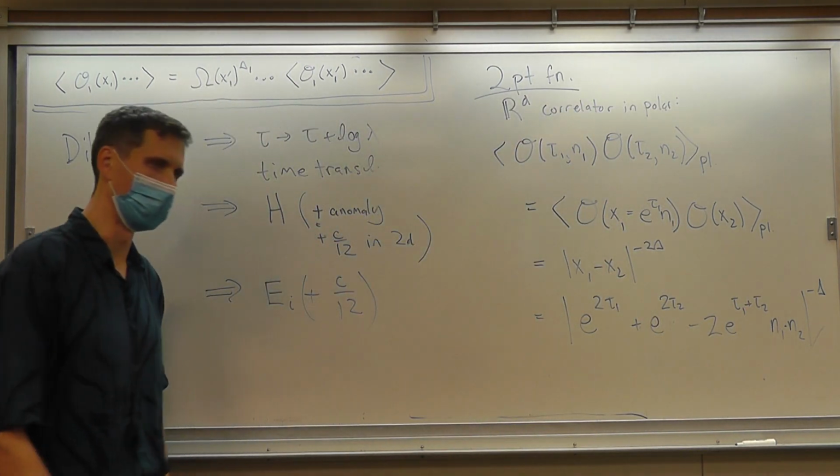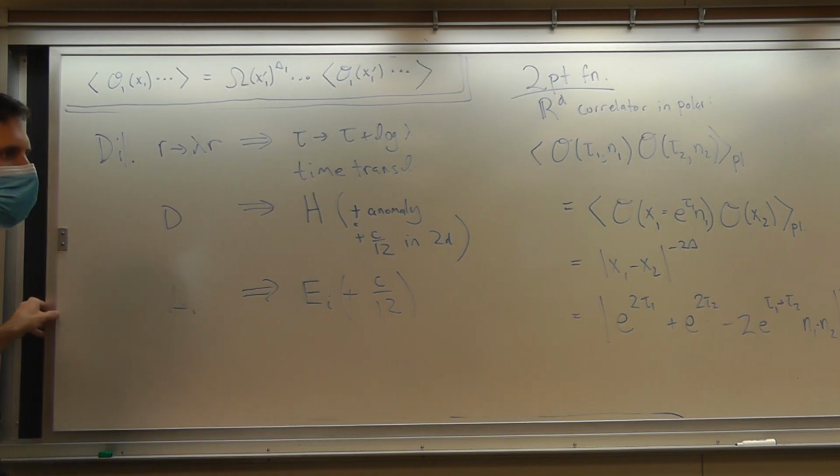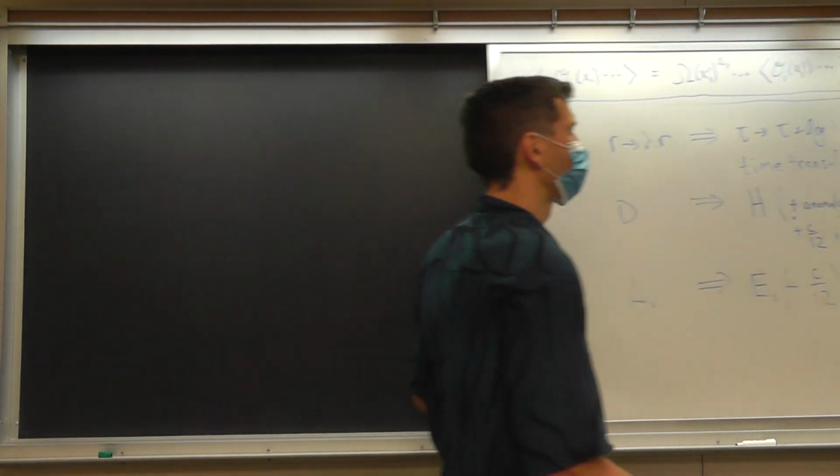That's just the distance squared in polar coordinates with r equal e to the tau. We haven't done anything yet. We've just written the answer we already knew on the plane, rewritten in polar coordinates.